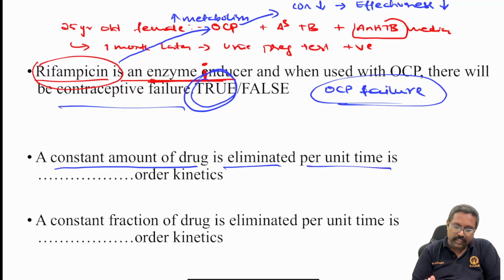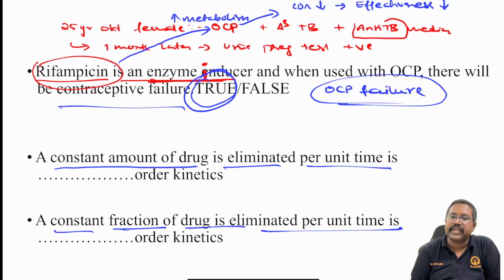Please do not hurry and tick the options. Please read the sentence carefully before opting. The two key words to describe first order and zero order kinetics are the amount and the fraction.